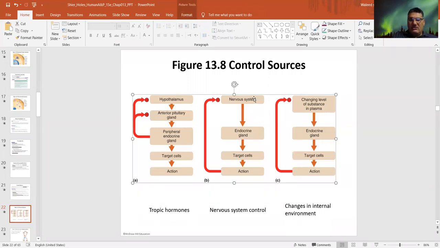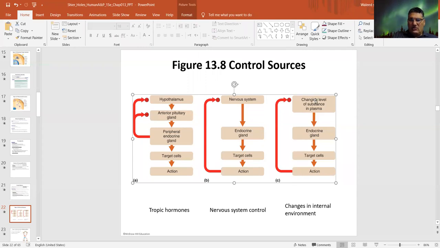On the other hand, if the nervous system is the one that's telling the endocrine system to secrete, then the action itself is the one that's going to inhibit the nervous system in order to stop giving orders to the endocrine glands to secrete. If this is the change, it will also work at the level of the action. So let's say the action is hyperglycemia here.